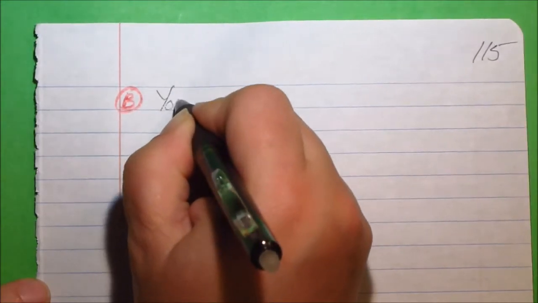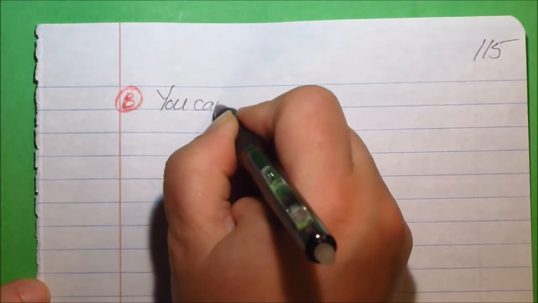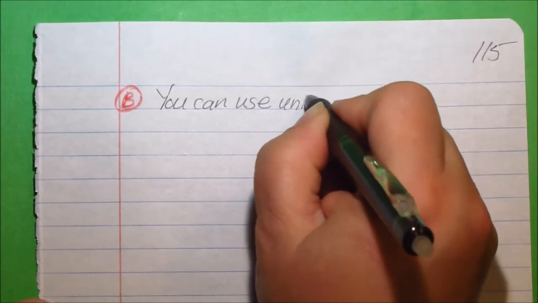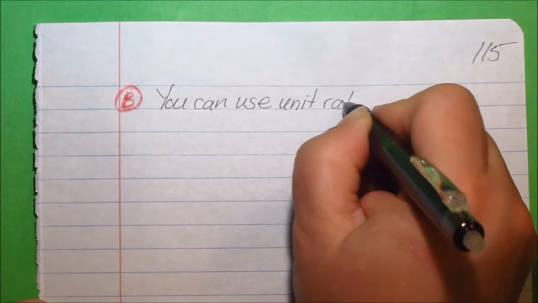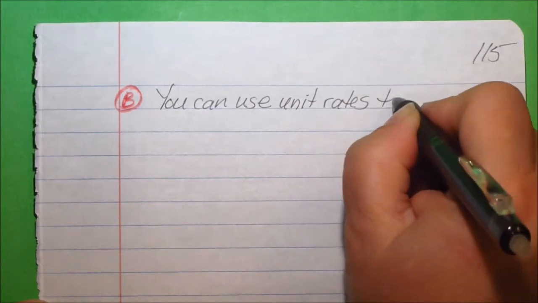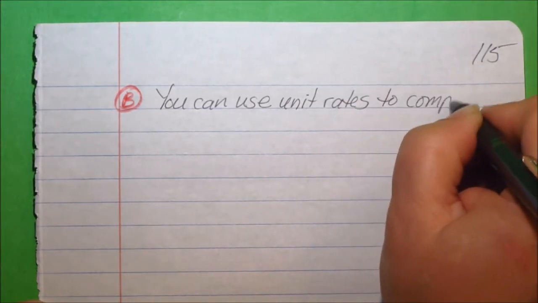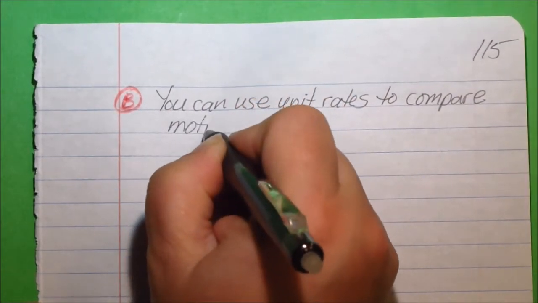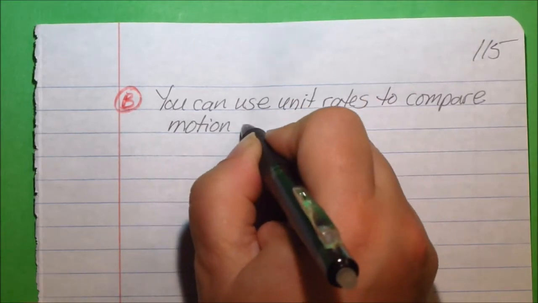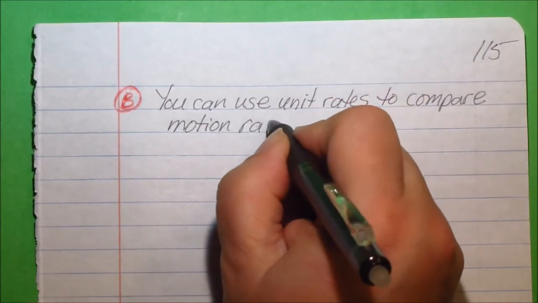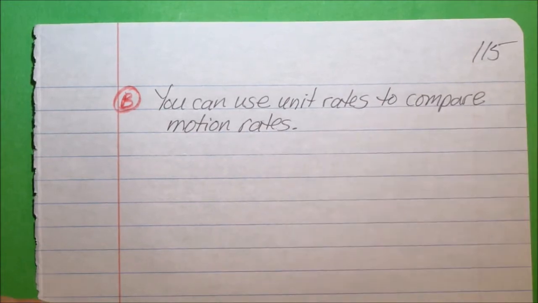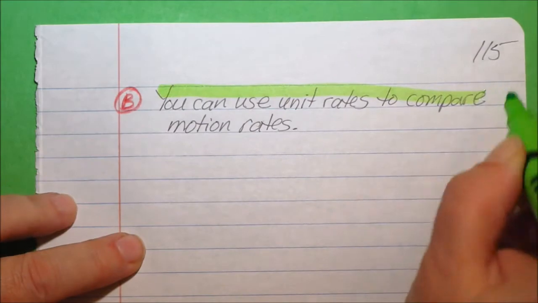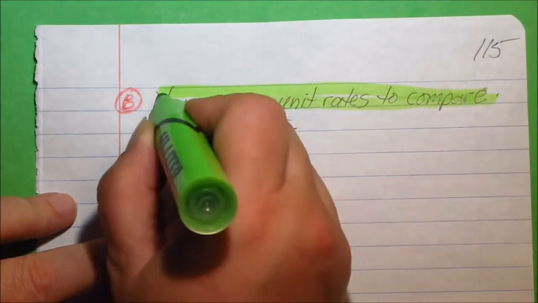So, you can use unit rates, remember what unit rates are, to compare motion rates, just like we did when we compared other rates in lesson 2.5. Alright, so we'll be comparing some motion rates now using unit rates.